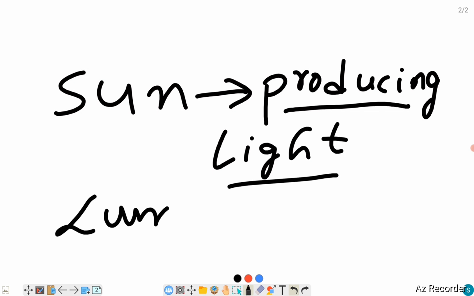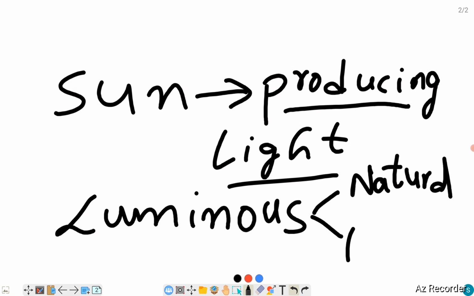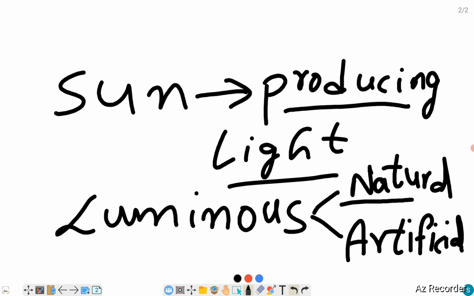In luminous objects, we have two types: natural luminous objects and artificial luminous objects. In natural luminous objects, natural means it itself should be able to produce the light, like our sun.